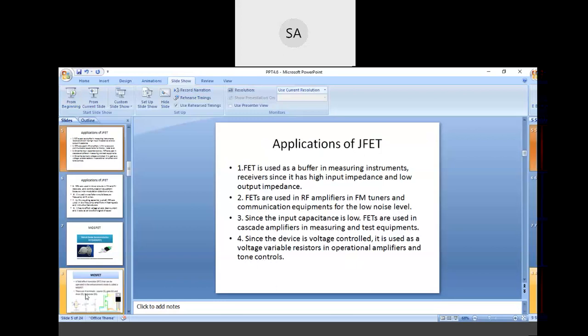And since the input capacitance is low, FETs are used in cascade amplifiers and in measuring and test equipment. It is used as a voltage variable resistor in operational amplifiers and tone controls.